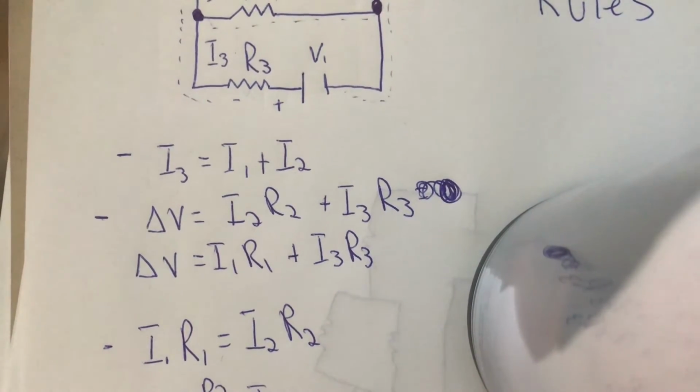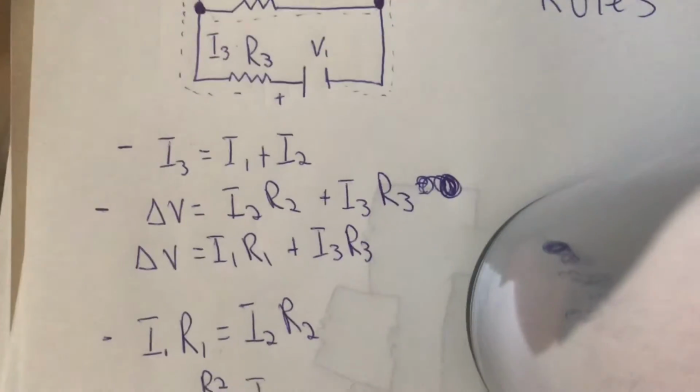Alright, so I think it's easier to get everything in terms of I2. So I took my third equation here and solved for I1, so I could plug I1 in down here. And then once you plug your I1 in, you get everything in terms of I2, right?